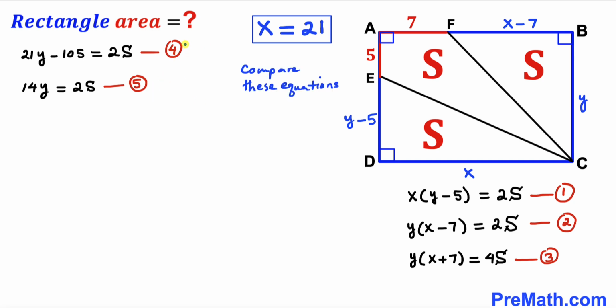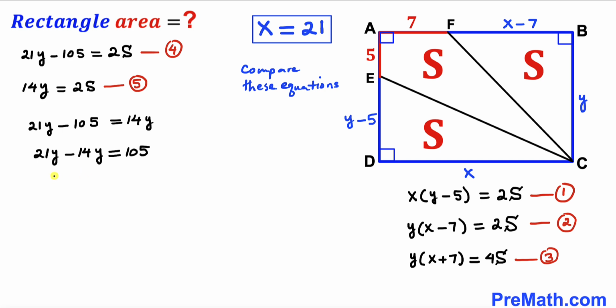And now we are going to compare these two equations, since the right hand sides are identical. Therefore we can equate the left hand sides as well. So we end up with 21y - 105 equal to 14 times y. Now we are going to move this 105 to the other side, whereas I'm going to move this 14y in the opposite direction.